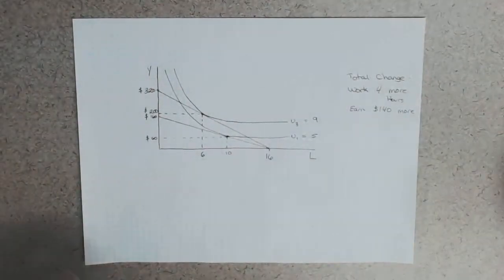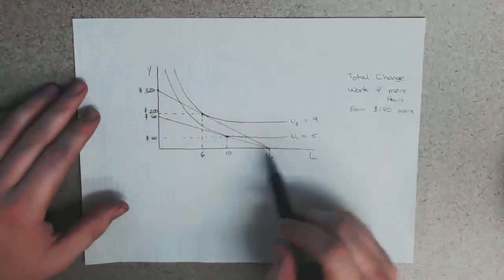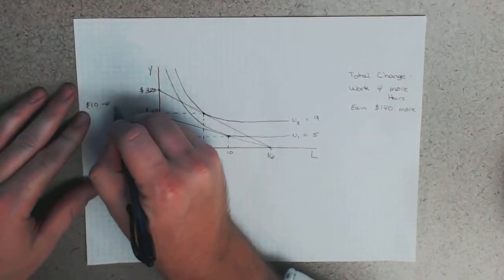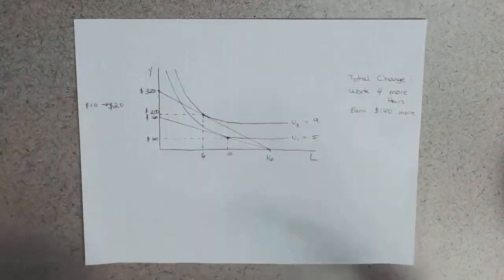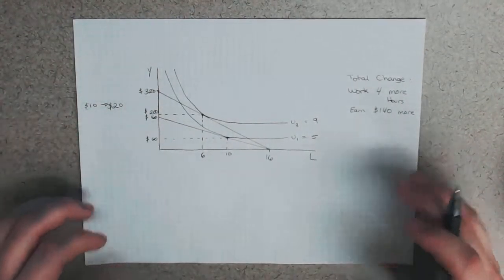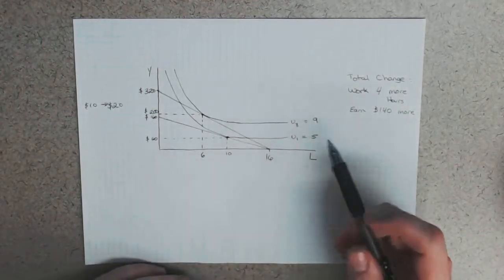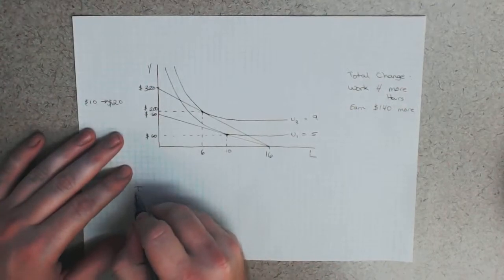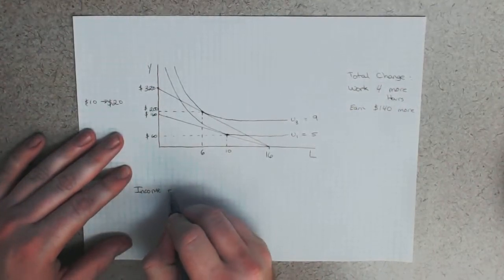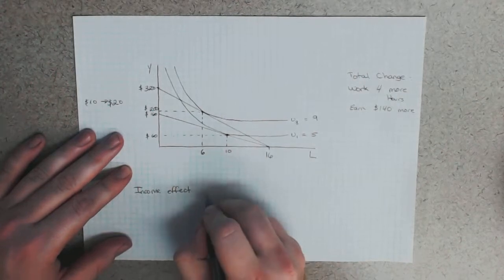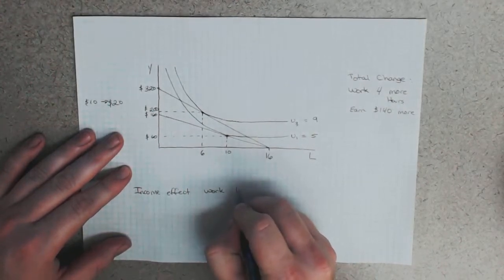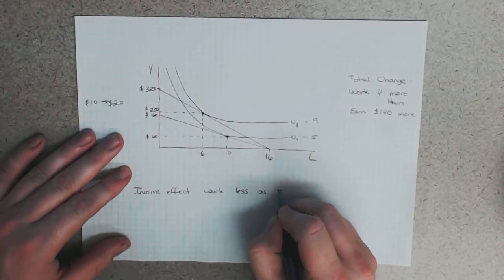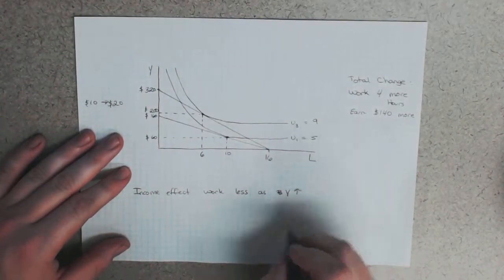Now that we have sort of what's going to happen, we have our person getting a raise from $10 per hour to $20, right? Their wage has increased. We're concerned with breaking this into the income effect and the substitution effect. Remember, the income effect says that we work less as income, Y, increases.